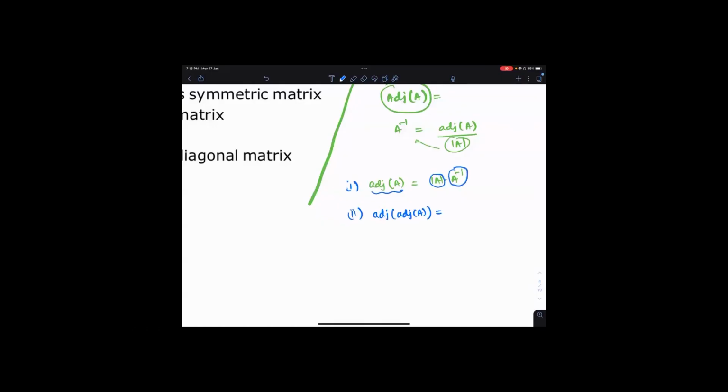Scalar into a matrix will be a matrix again. 2A is a matrix: 2 is a scalar, A is a matrix, but 2A will be a matrix again. So now adjoint of A is a matrix. You have to understand the first statement like this, then only the next ones will be easy. Adjoint of any matrix is det of that matrix into its inverse. That is how you have to read.